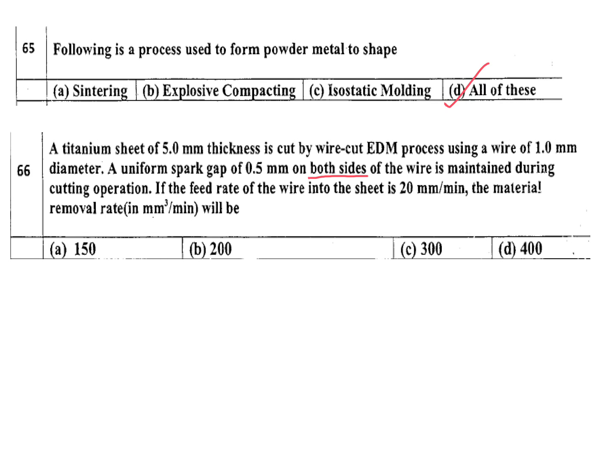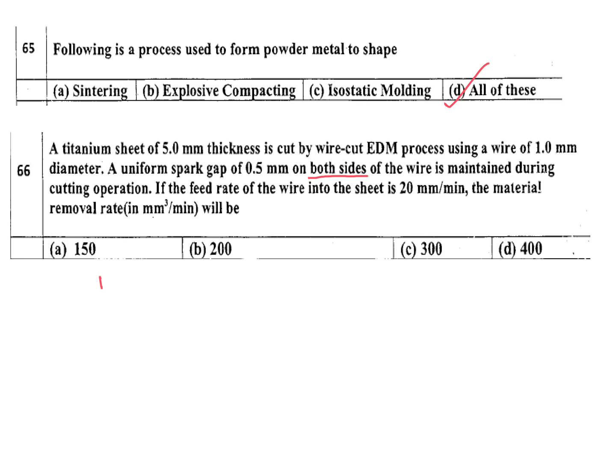If the feed rate of wire into the sheet is 20 mm per minute, the material removal rate in mm³ per minute will be dash. Without a calculator you have to do it. The process is wire EDM.